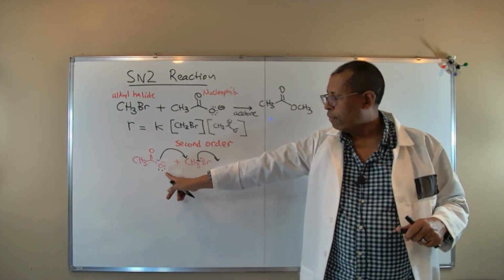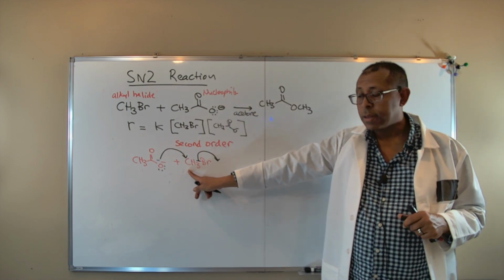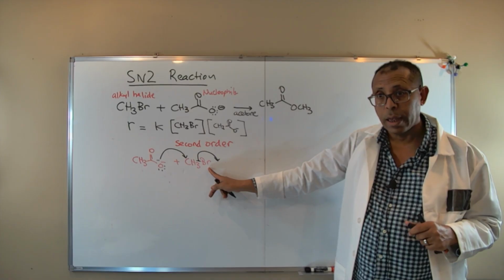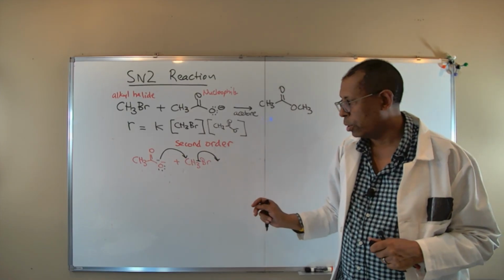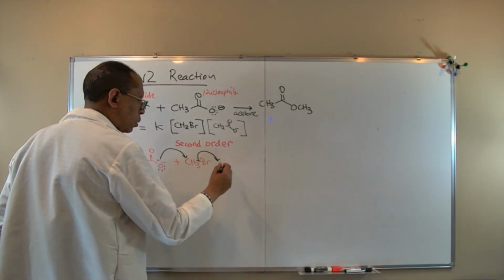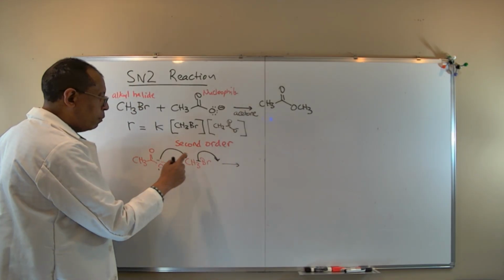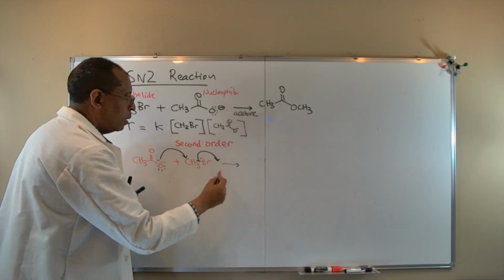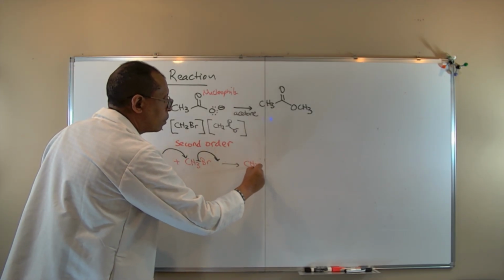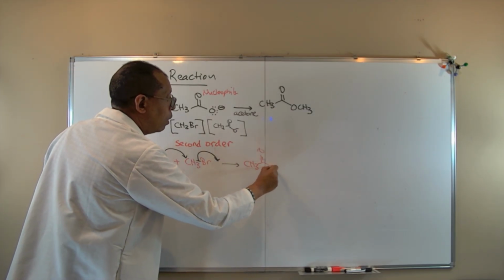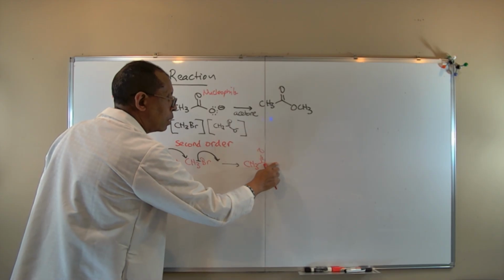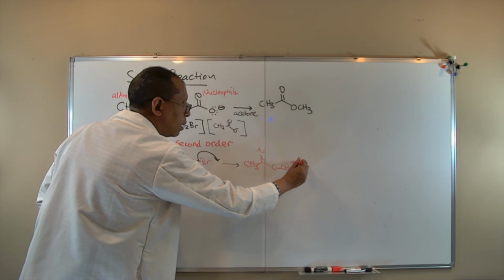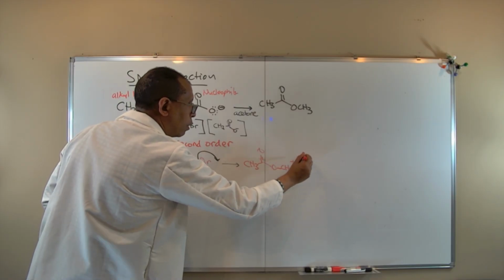That means the nucleophile back attacks the carbon which contains the halide, and the halide dissociates. When the halide dissociates and a new bond is formed, you would have the product, CH3 with a new bond to the oxygen, plus Br minus, a good leaving group.